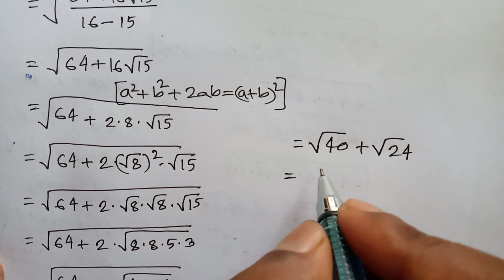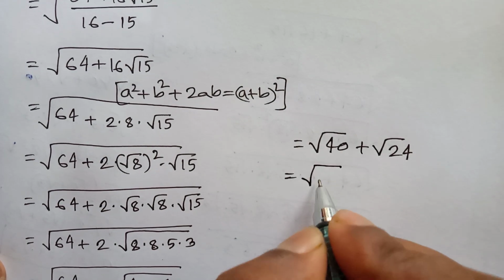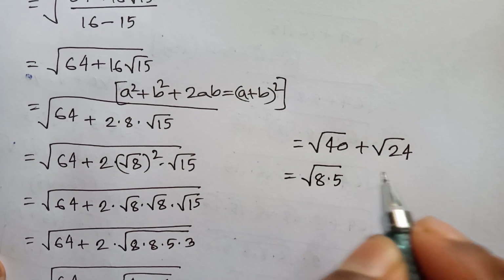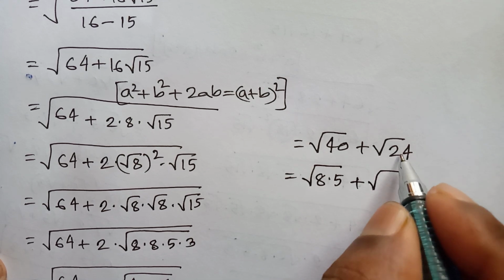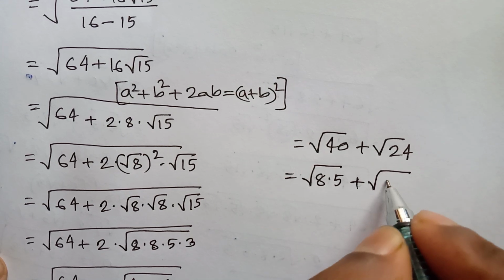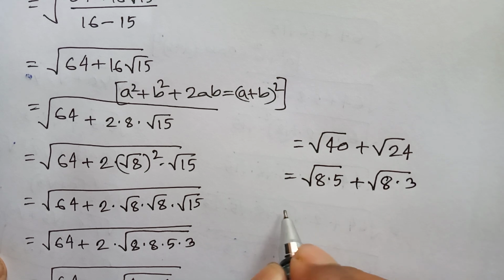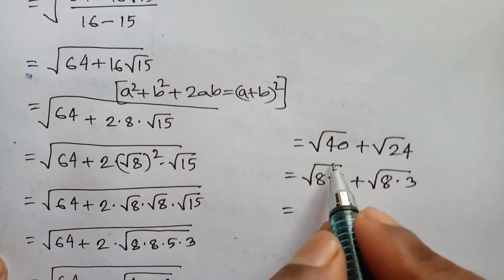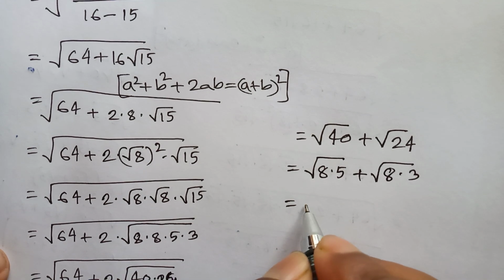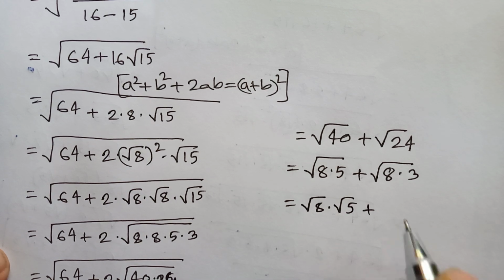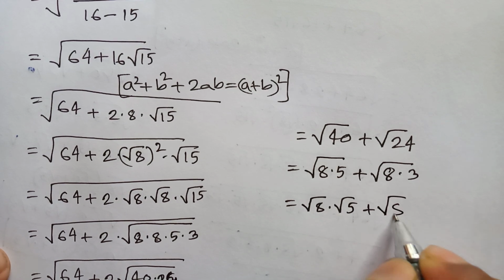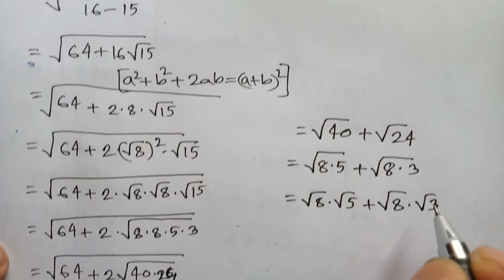Now it can be written as the square root of 8 times 5, which is 40, plus the square root of 24, which can be written as 8 times 3. And now we separate the roots, so it will be root 8 times root 5 plus root 8 times root 3.